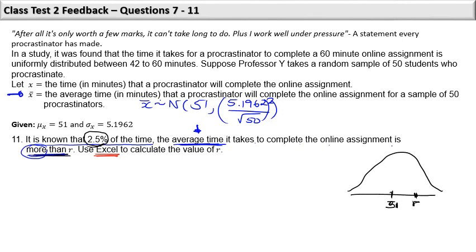Why is R here? Because I said R going up more than R should be covered by an area of 2.5%. That's what I'm saying. So you need to see it visually.